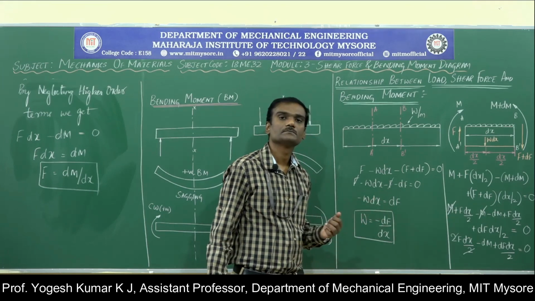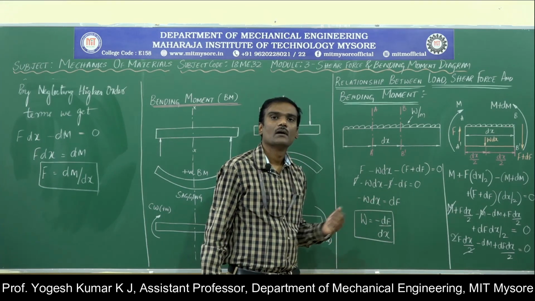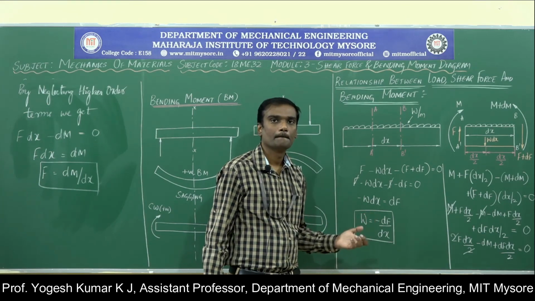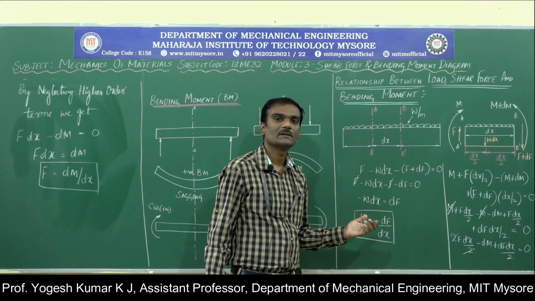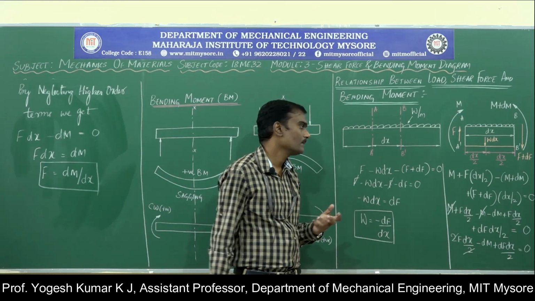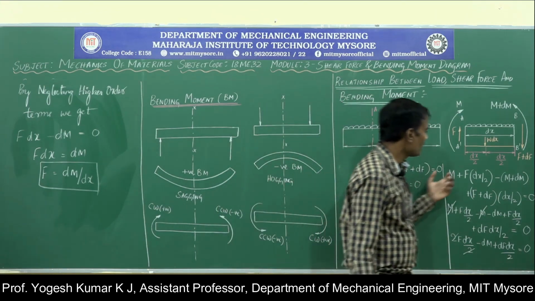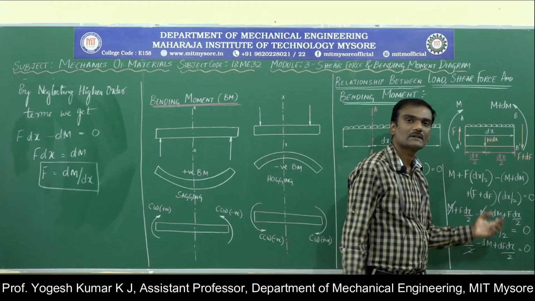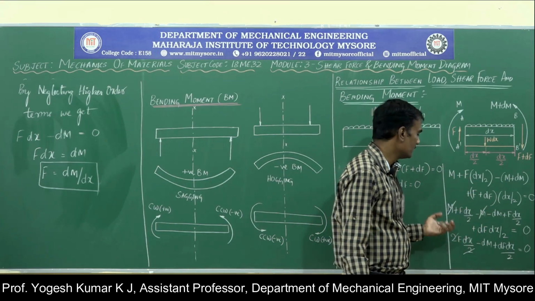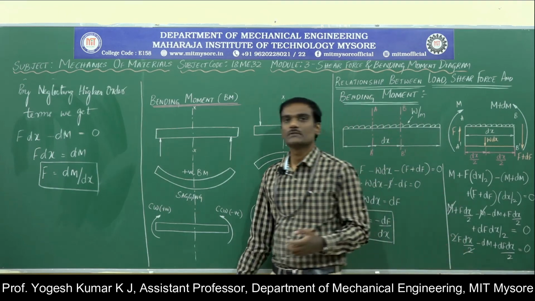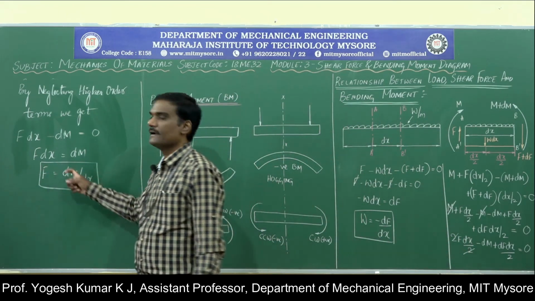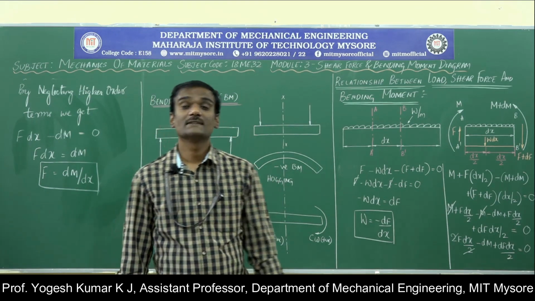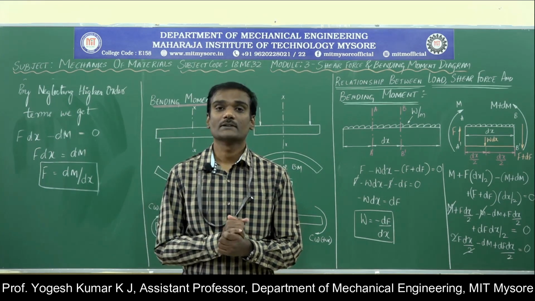Then the second part is the moment about the midpoint or the center of the beam. If we start deriving with respect to O, the midpoint, we will establish a relation between force and the moment. So if you write this, we will be getting 6 marks.